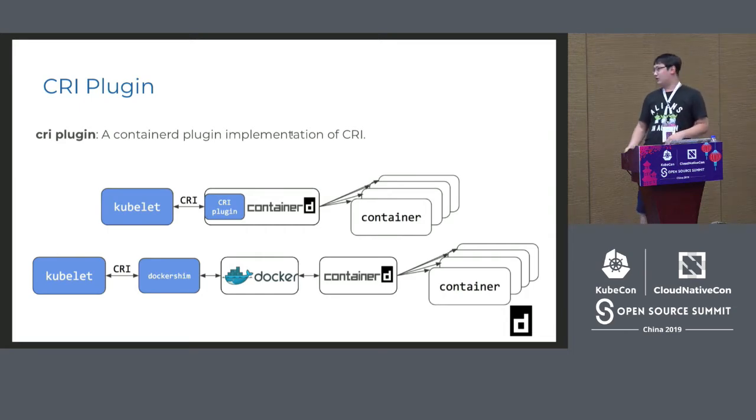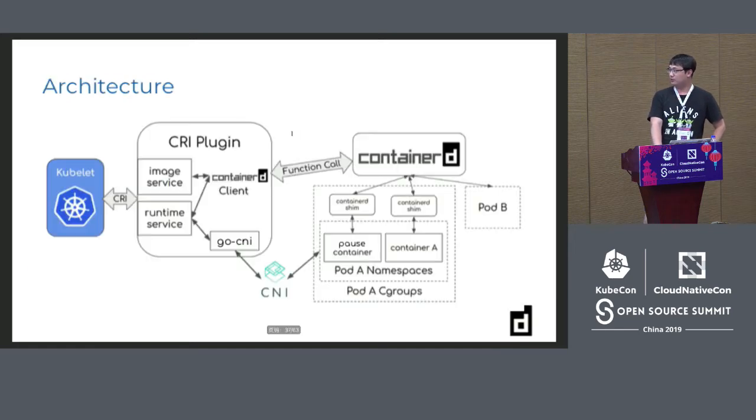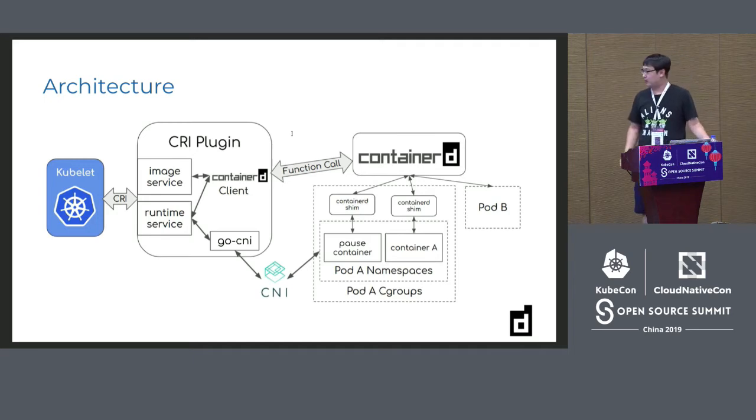Compared with the previous integration with Docker, you can see there's no Dockershim. We only have kubelet and containerd integration, so in terms of stability and performance, it will improve a lot. This is a simple architecture. Kubernetes tells us it wants to pull an image, and CRI tells us to pull the image.